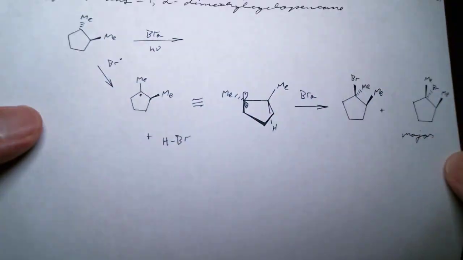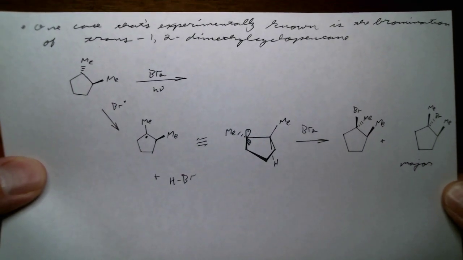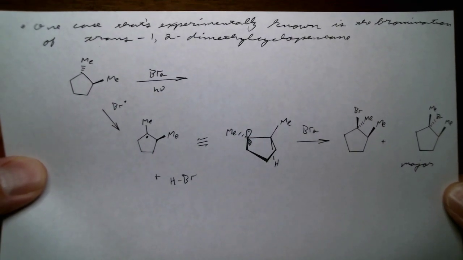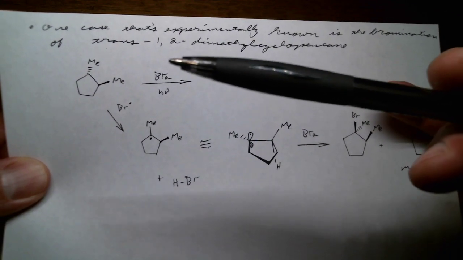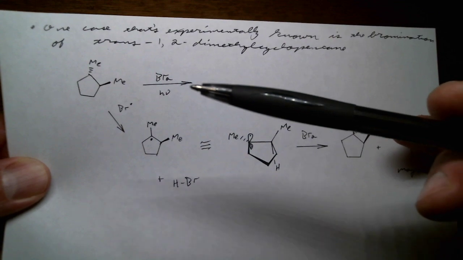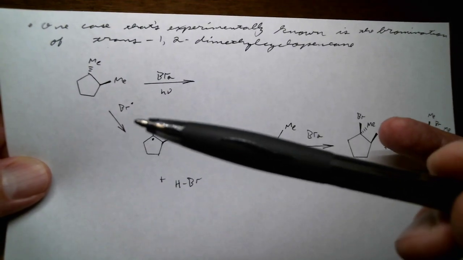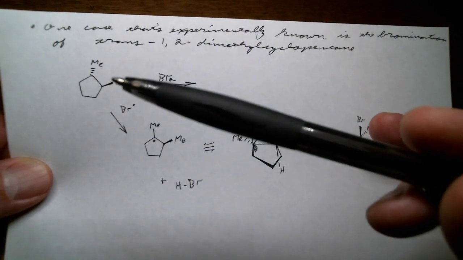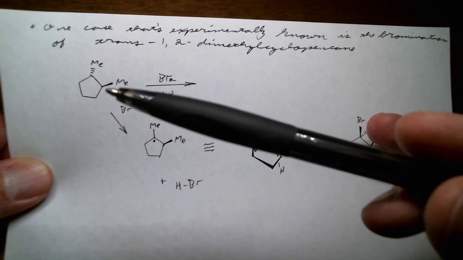So, one case that is experimentally known is the bromination of trans-1,2-dimethylcyclopentane. So here we have trans-1,2-dimethylcyclopentane. We're going to expose it to bromine and light. So radical bromination is selective for tertiary hydrogen abstraction.